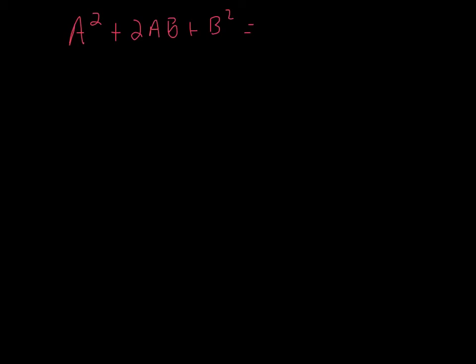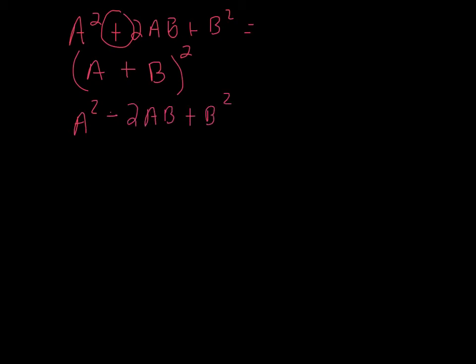The square root of that trinomial square, the factor out of it, is going to give you a and b. Then what you do to find your answer is you take the sign of the middle term and put it in between. That's your shortcut to getting your answer, and then you put it as squared, and you're done. Okay, and then you have a squared minus 2ab plus b squared.